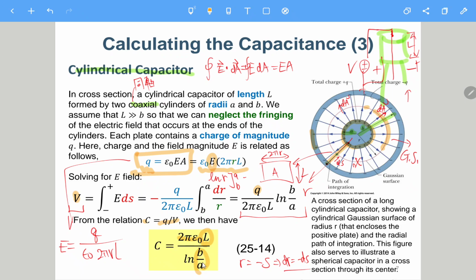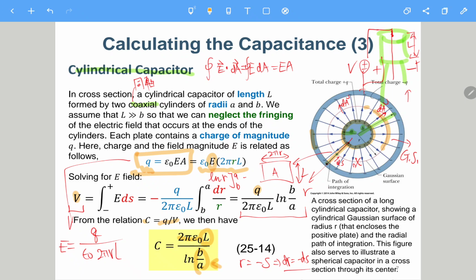Decreasing b over a: b is the longer radius, a is the shorter radius. So if b over a is smaller, then natural log of b over a is also smaller, and then C becomes larger, which means that the two plates are closer together.